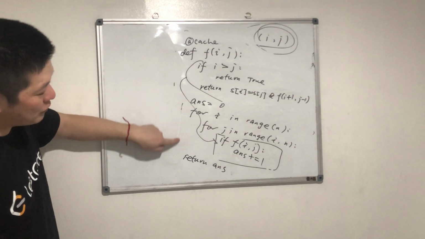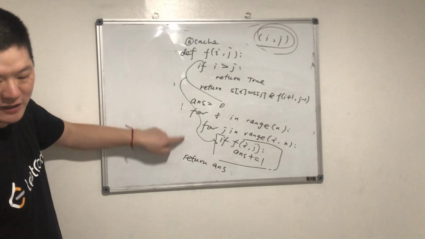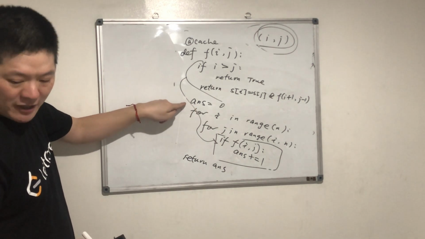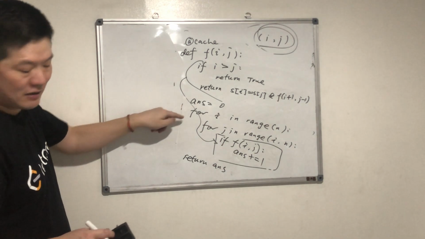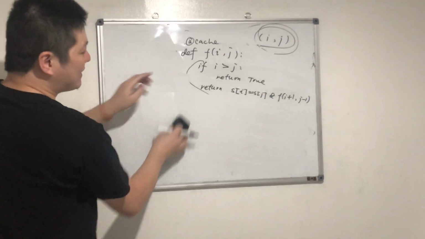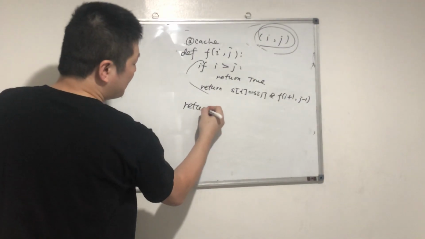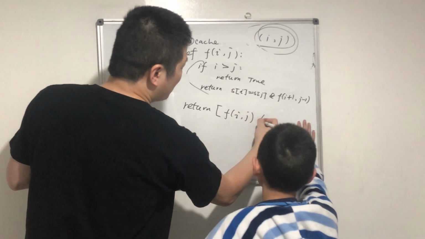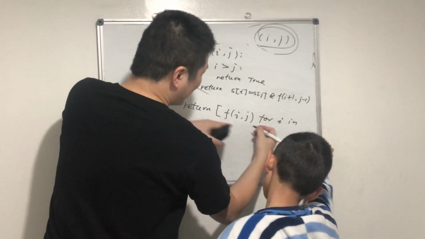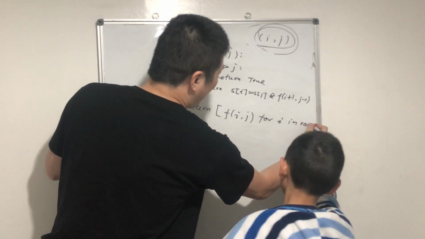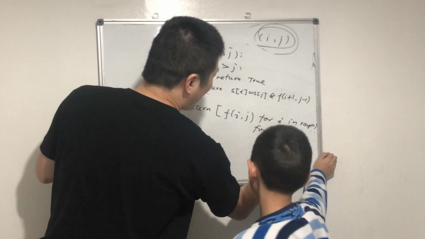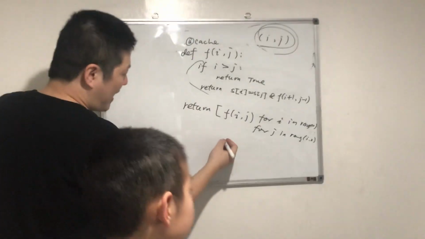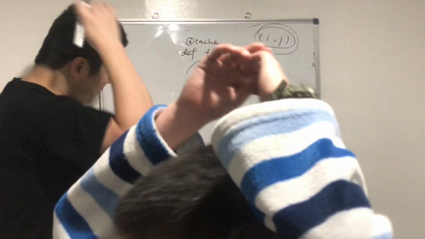And look, this is answer. We can do this in one line, which is a very Pythonic way to calculate. We can still keep it and we can return the sum of F of i, j for i in range n, and then for j in range i to n.